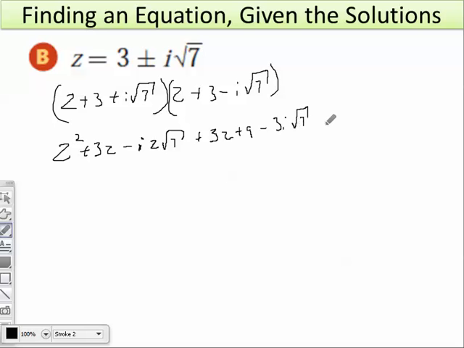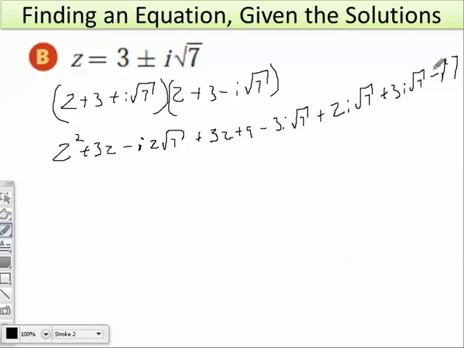And I'm going to multiply the i square root of 7 times everything. I'm going to get a plus iz square root of 7, plus 3i square root of 7 and a, let's see here, negative i squared 7.